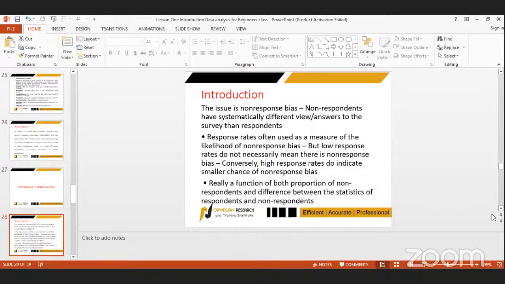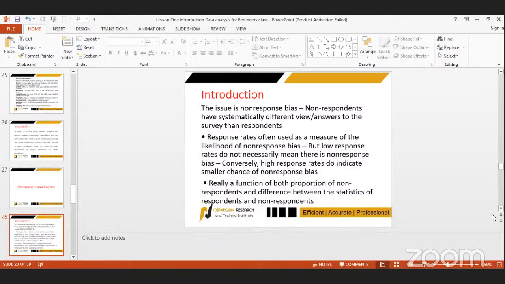Non-response may come as a result of two things. The response rate is often used as a measure of the likelihood of non-response bias. A respondent may decide not to respond. He may tell you he's busy. That is non-response. Or the question may be so difficult that the respondent does not know, and he will leave it blank.